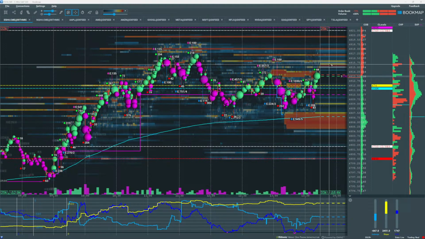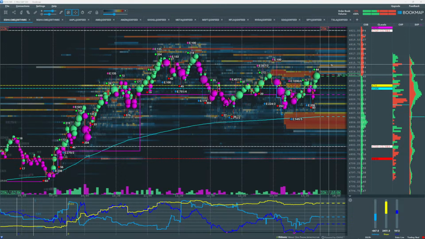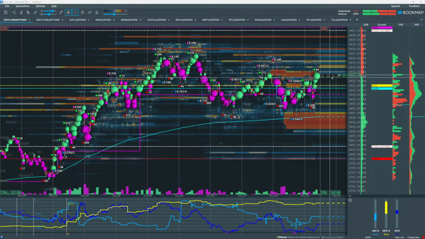So ES is trading above the volatility trigger for SPX and SPY, and below the call walls. The call wall for SPY is at 475. So there's room to run for the S&P 500 to the SPY call wall and then the SPX call wall.